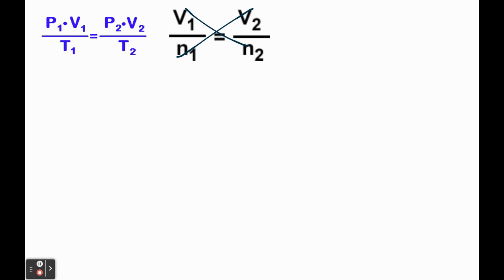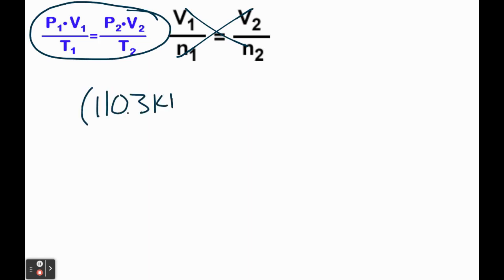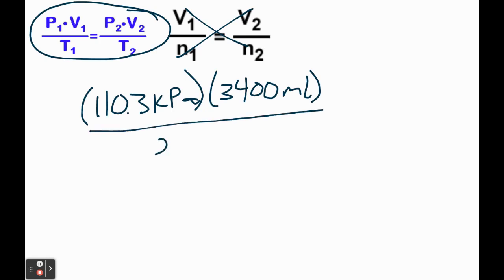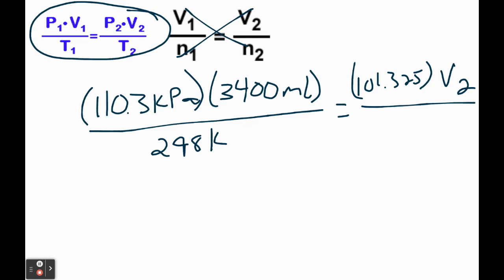The problem gave us pressures, volumes, and temperatures, so we're going to use the whole combined gas law the way that it's written. So plug in what you have. 110.3 kPa times 3,400 milliliters over 298 Kelvin equals 101.325 kPa times V2 over 273 Kelvin.